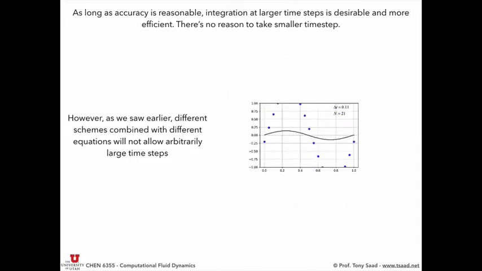How do you understand stability? If I tell you this solution is unstable, the error or the solution just grows unbounded.